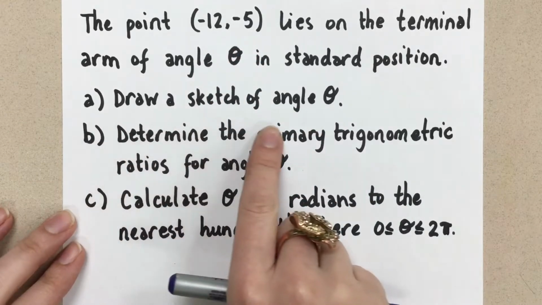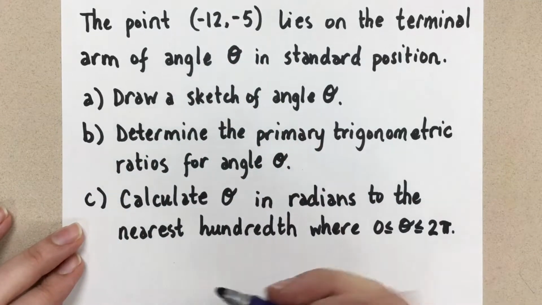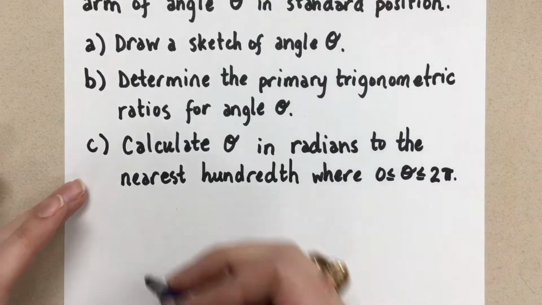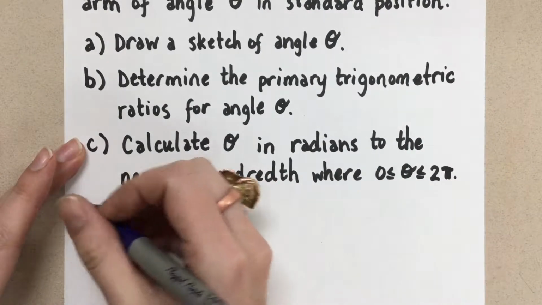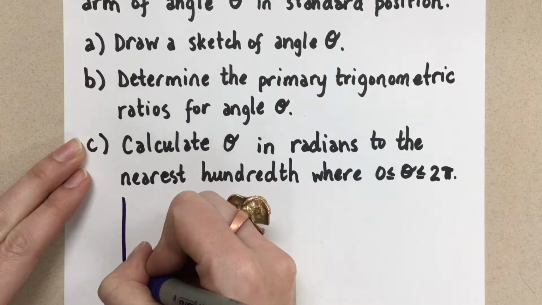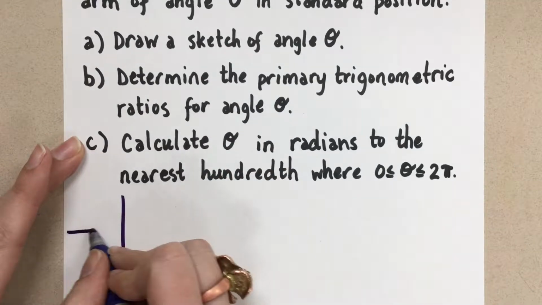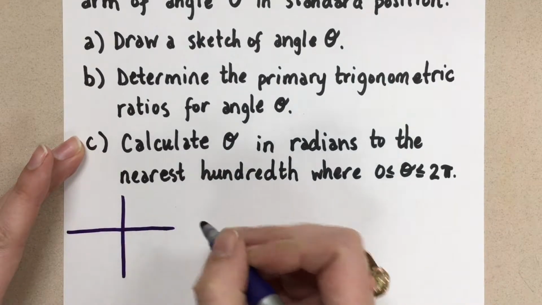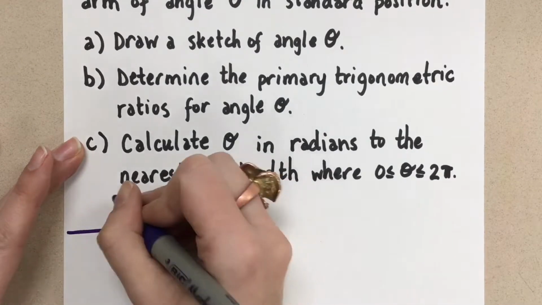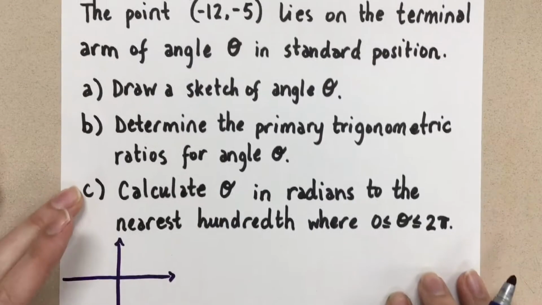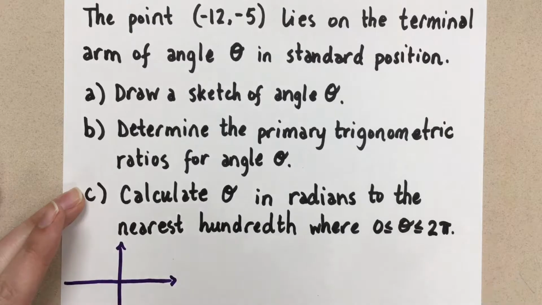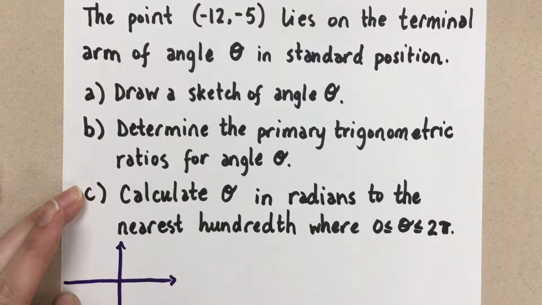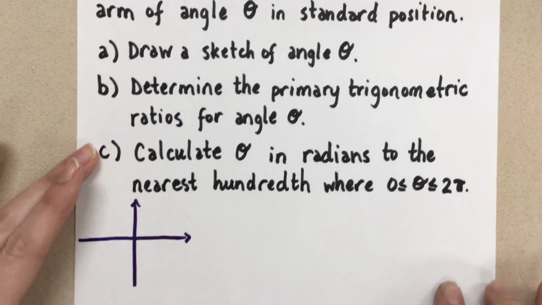So first we want to draw a sketch of angle theta. Well, that's what we always do to start off anyway. We're going to draw this sketch just kind of roughly here so we get a visual of what's happening. So there's our Cartesian plane. If I'm doing -12, -5, I'm going to go -12 and then down to -5.